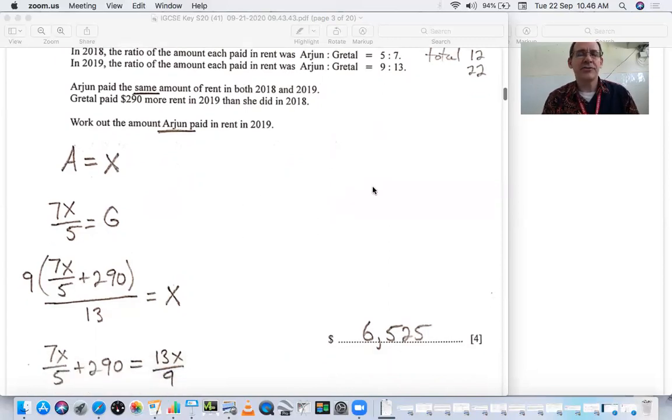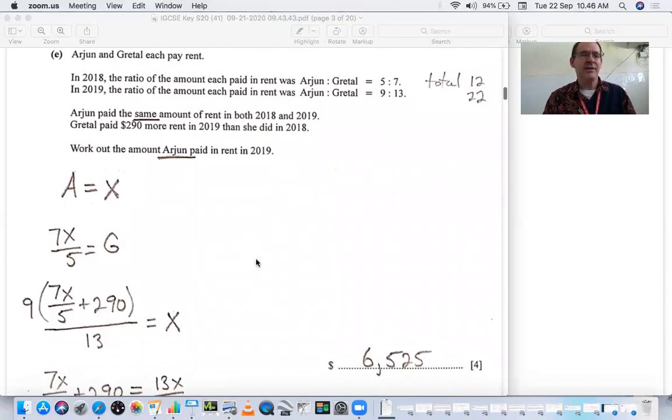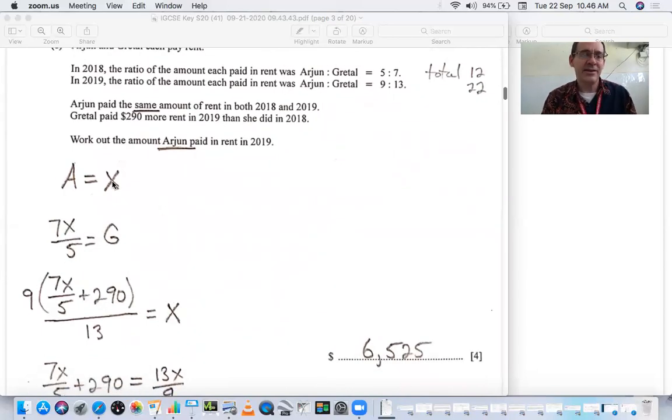If we work with this first ratio of 5:7, then his amount divided by 5 would be the individual share, and then multiplied by 7, that would be Gretel's amount for 2018, because Gretel has 7 shares.